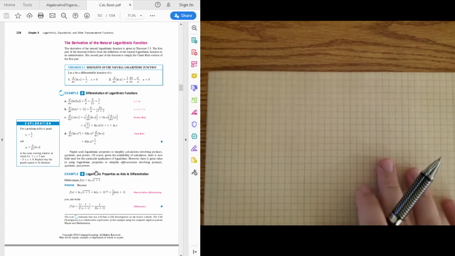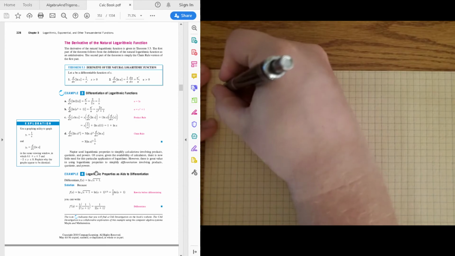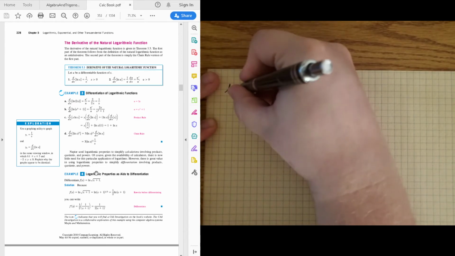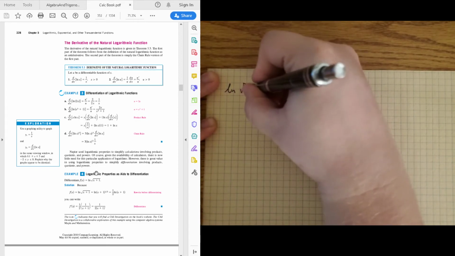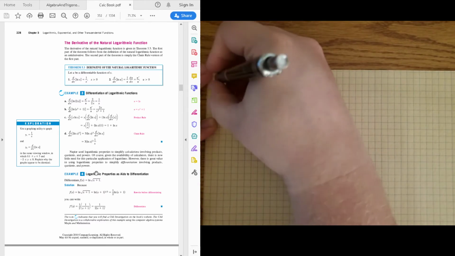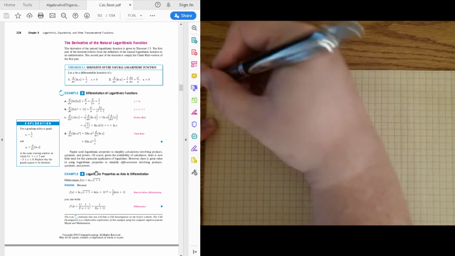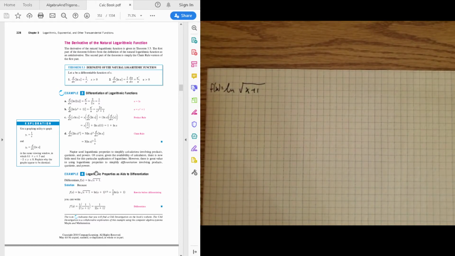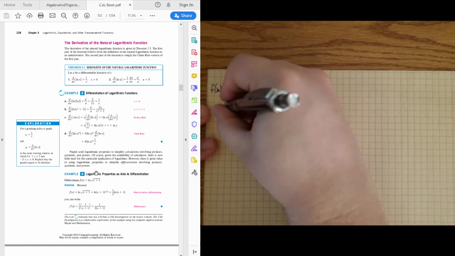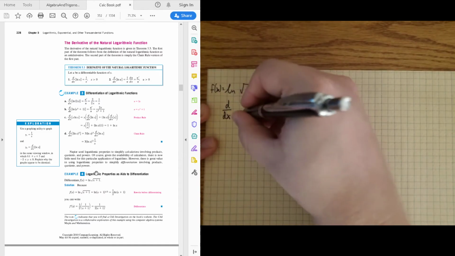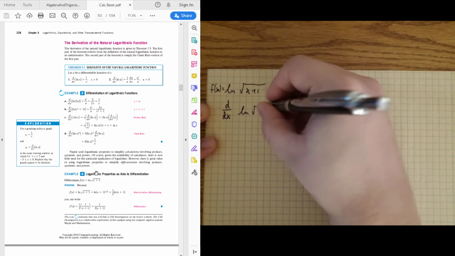In the text, we have the natural log of the square root of x plus 1. F of x equals this. And it wants to know what's the derivative. So the derivative with respect to x of the natural log of the square root of x plus 1.